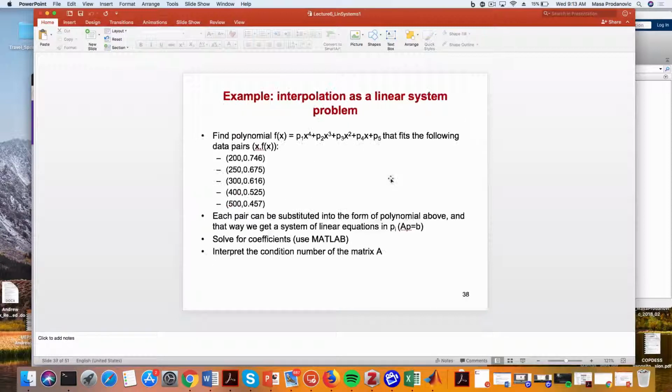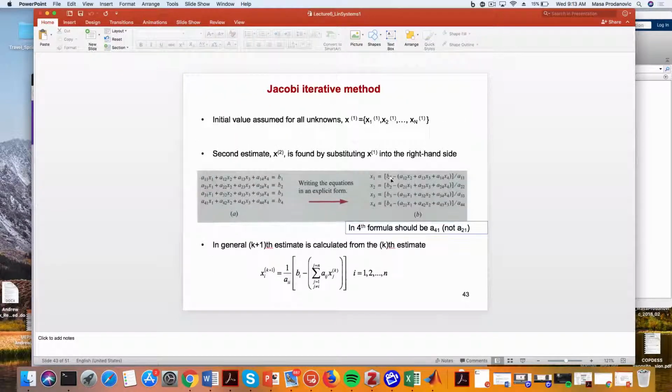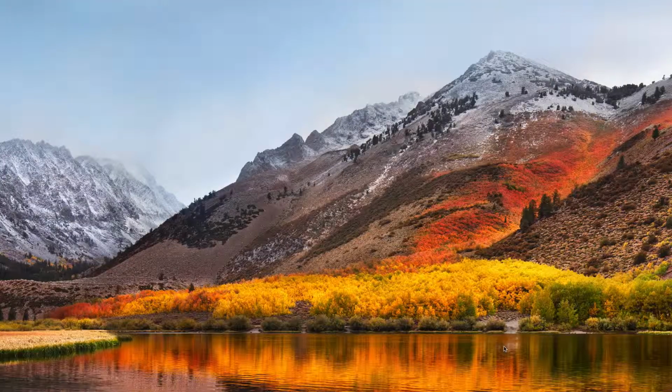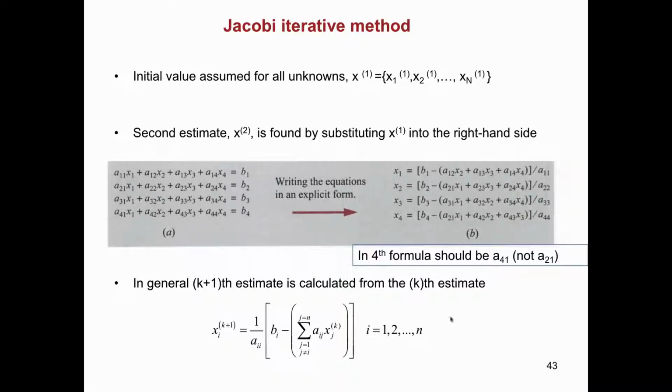We are now going back to our Jacobi method. Just a quick review of the way the Jacobi method works. It's an iterative method, so we start with a good guess and iterate. My starting point, whether I refer to it as x0 or x1, doesn't matter, is now the entire vector.